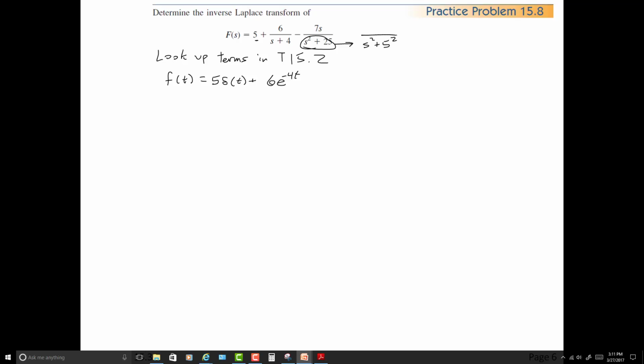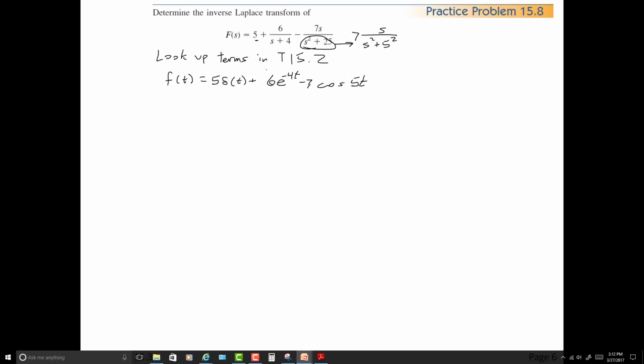So if we take out the s and say it's 7, in other words, just reposture it a little bit, we've got minus 7, and s over s squared plus 5 is minus 7 cosine 5t.